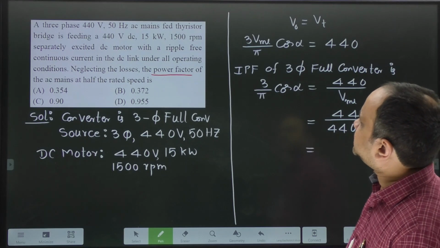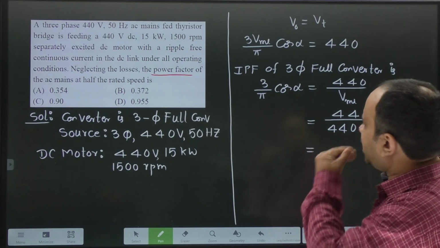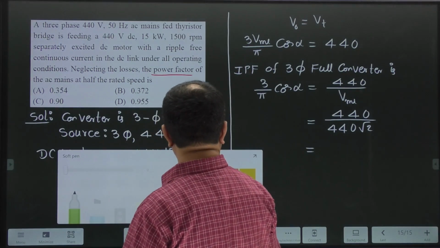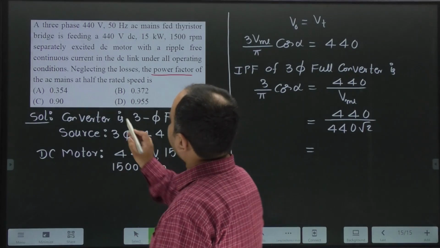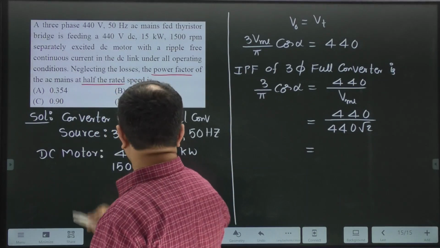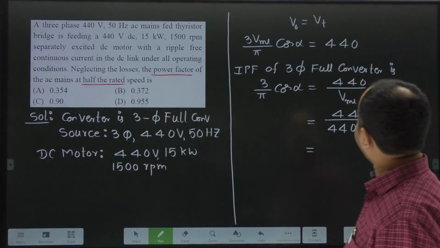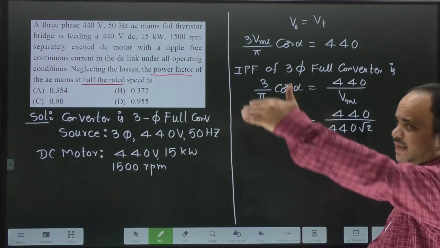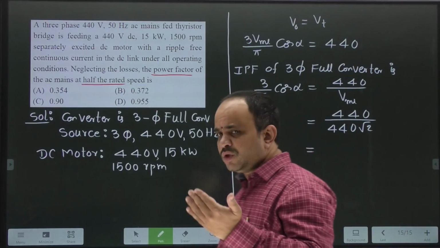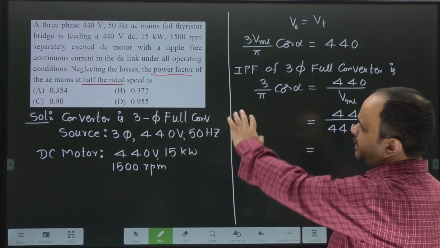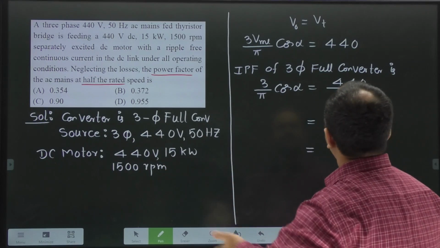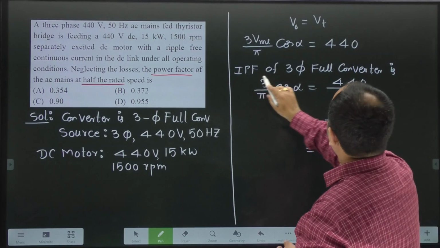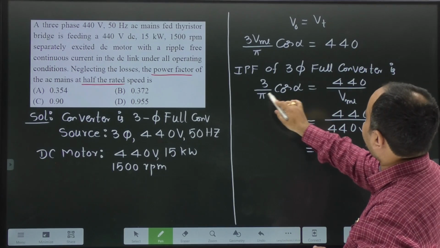What is the answer here? One more point I forgot: we need to calculate the power factor of the circuit at half the rated speed. Half the rated speed means what? Terminal voltage is equal to back EMF, isn't it? When terminal voltage is equal to back EMF, by neglecting the losses, armature resistance is 0. Therefore, this is 1. Now, the input power factor of the full converter is 3 by pi cos alpha.